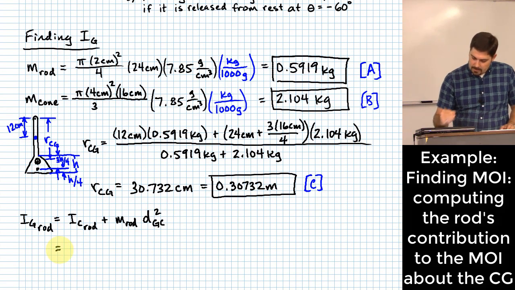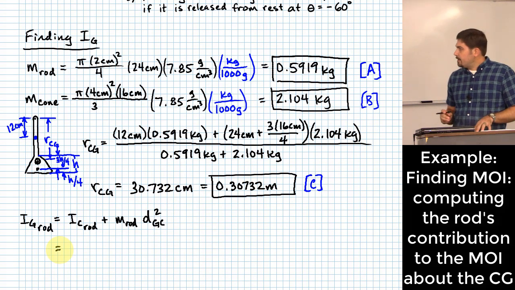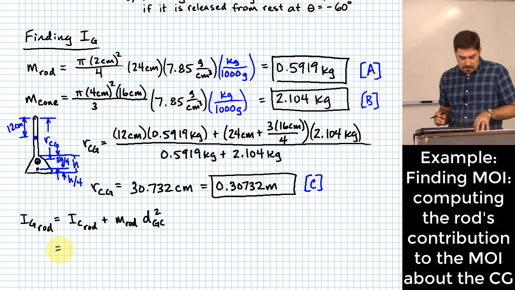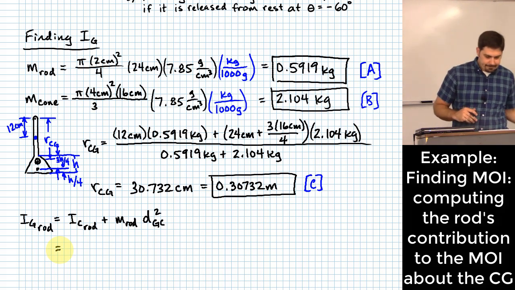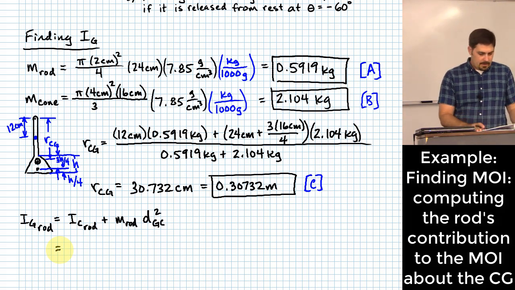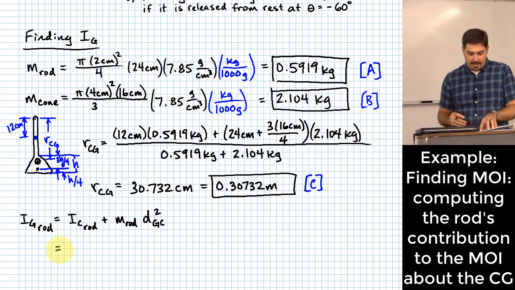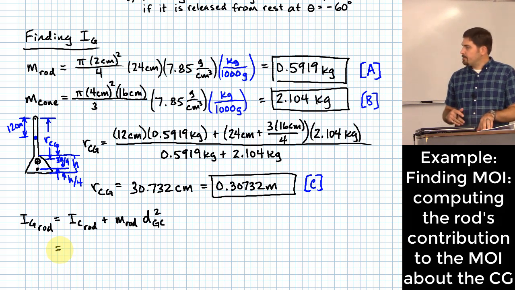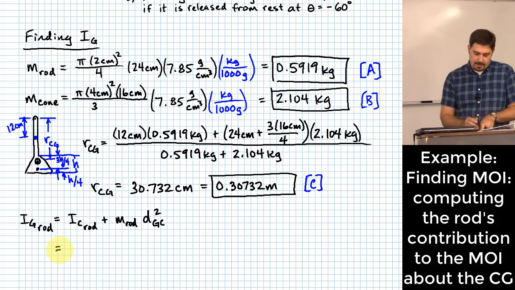So let's actually do that out. So what is the moment of inertia for the rod about its own center of gravity? Well, the very back flap of your book again has nice tables that give that to you. The moment of inertia for a slender rod, which this is a good enough approximation for what we're dealing with here, is going to be equal to 1/12 ml squared.